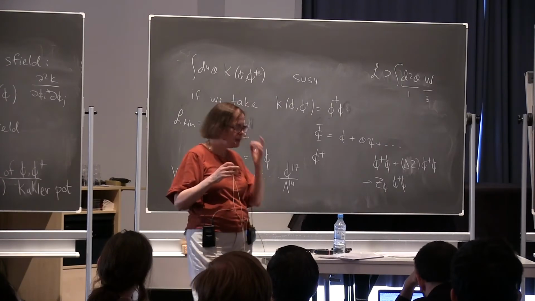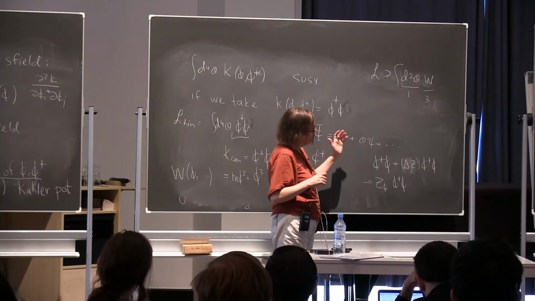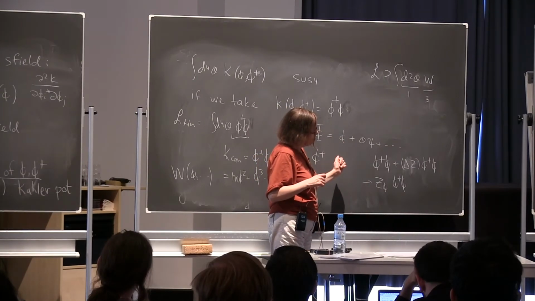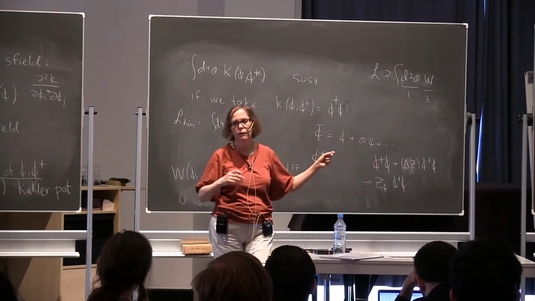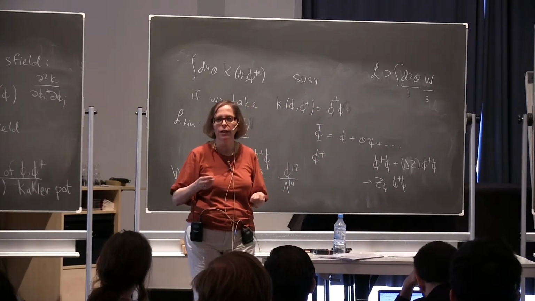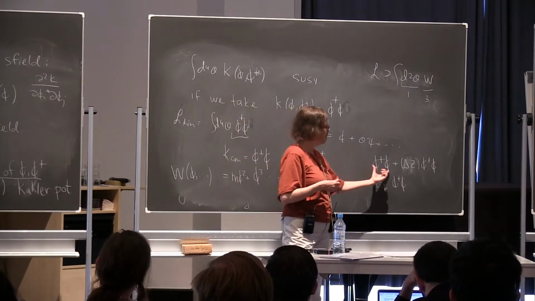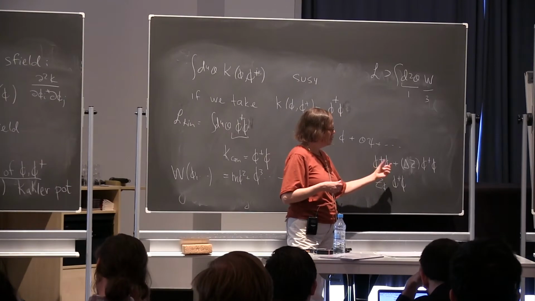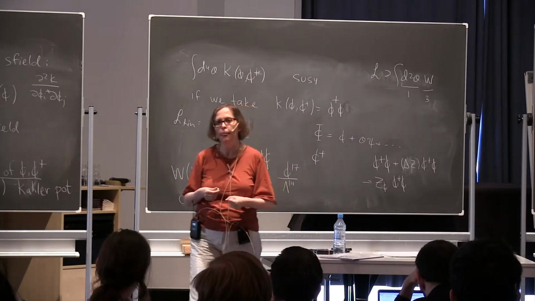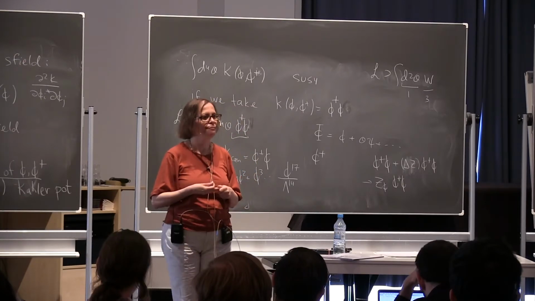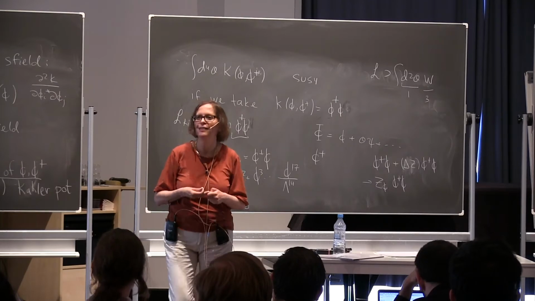What you really want to know is that you're starting with the canonical kinetic term. Otherwise, things don't make sense. If you have something that becomes singular instead of behaving as phi dagger phi, then something's wrong with your theory. Okay, so we finish now.